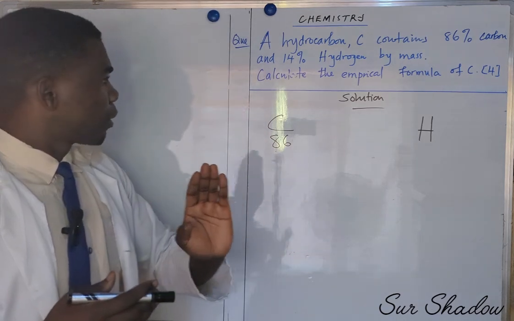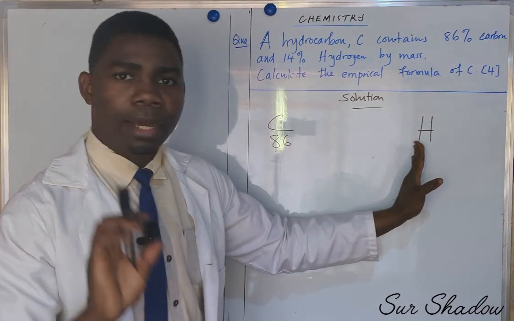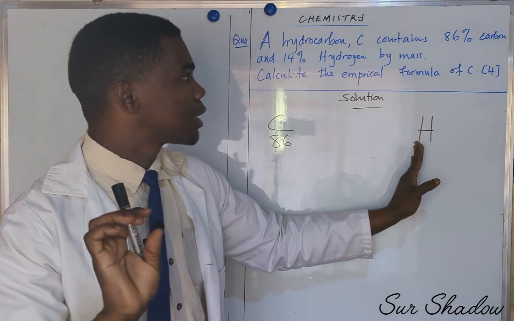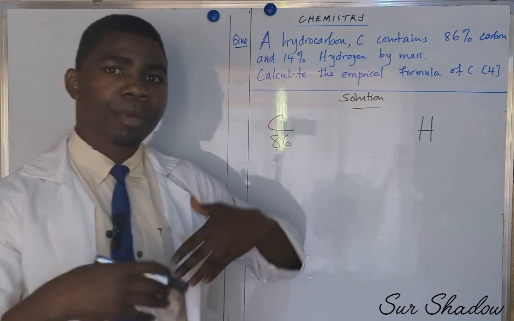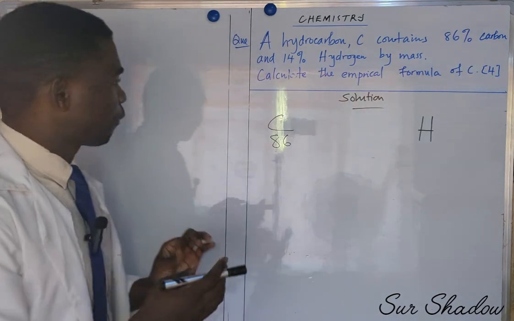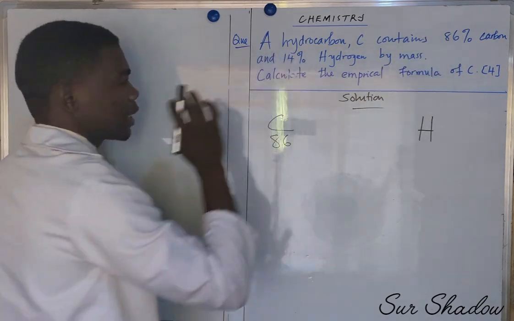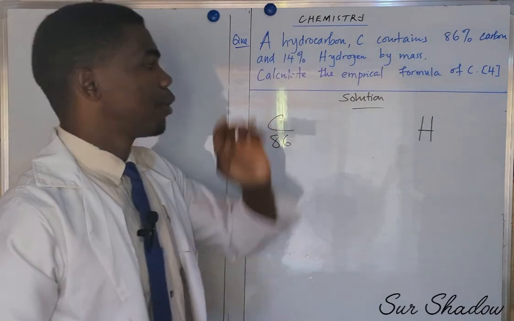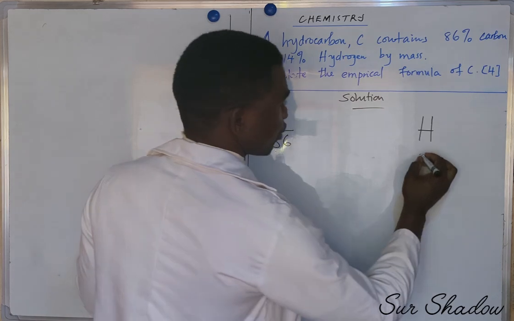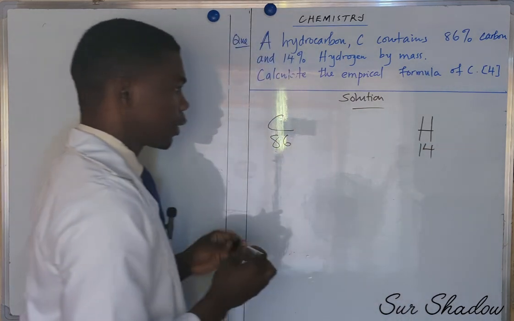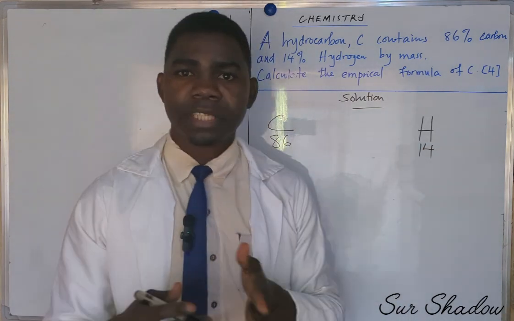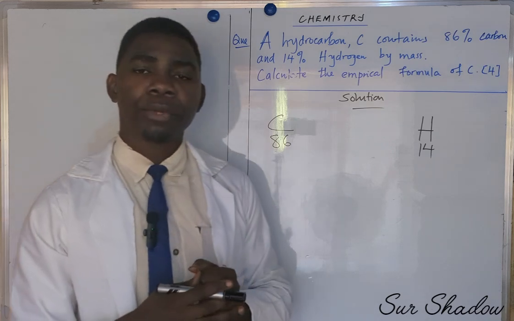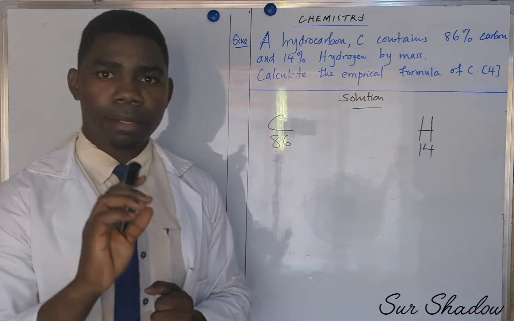So don't focus much on the symbol or the units. Just focus on the given numbers and ignore the percent or grams, right? Under hydrogen, I have 14, right? That's the first step you are supposed to do for us to come up with the empirical formula.